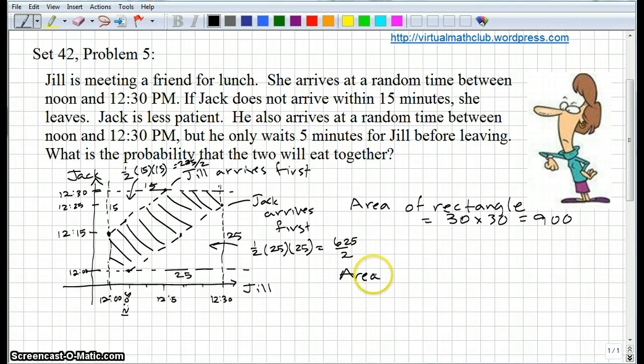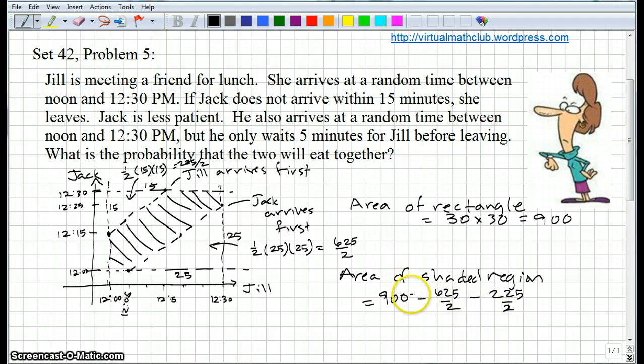So let me write this out. The area of the shaded region, which is the region that we're interested in, is just going to be the whole thing, which is 900, minus 625 halves, minus 225 halves. Okay, 15 squared and 25 squared.